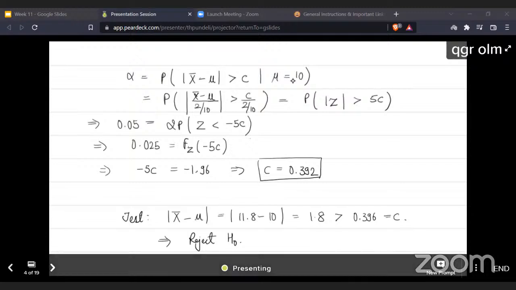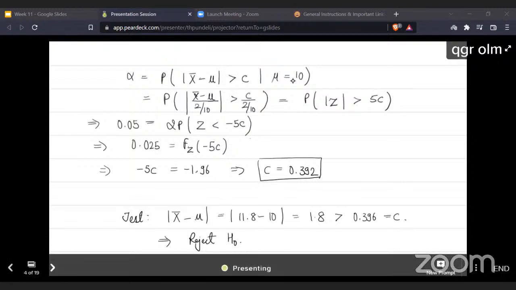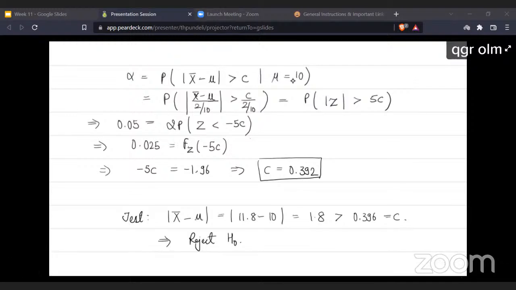Ma'am, why don't we subtract mu from C like we do in other cases? Because here you have already taken the mu for x bar minus mu. So we should do it from the other side also, right? No, you don't have to do it from the other side.